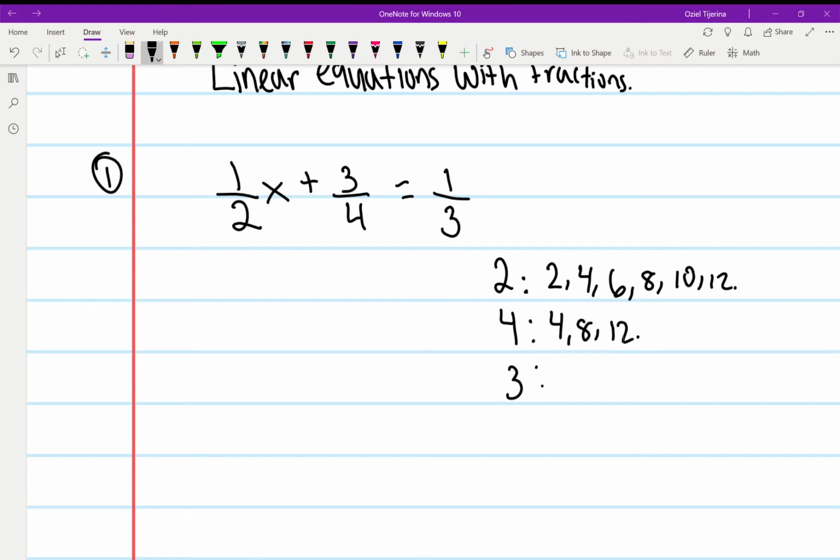So basically we want to find a common number that we can get to for the common denominator, okay? And then for 3 we have 3, 6, 9, 12, okay? So we have a common denominator of 12, okay?